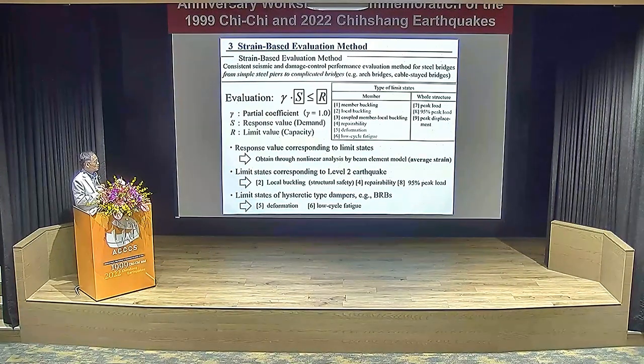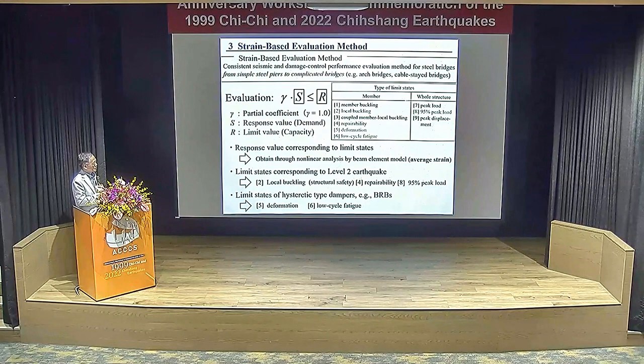There are several limit states for steel bridges. For members, we consider member buckling, local buckling, coupled member local buckling, repairability, that is serviceability, deformation, and low cycle fatigue. For the whole structure, we check peak load or 95% peak load.